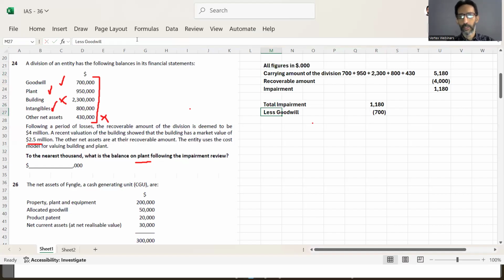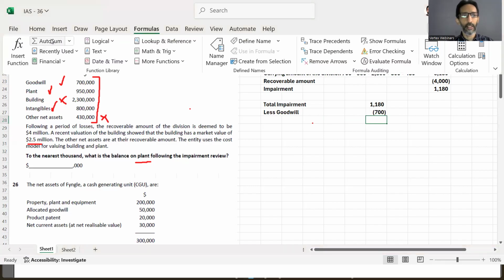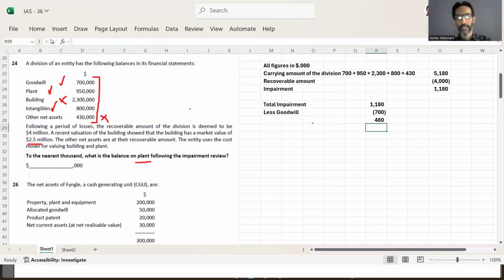Okay, so goodwill takes the load, and after that the impairment that still has to be charged is 480. Since we have to calculate the value for plant, the charge to the plant is the remaining impairment, 480, multiplied by the value of plant, divided by the total value of plant and intangibles.